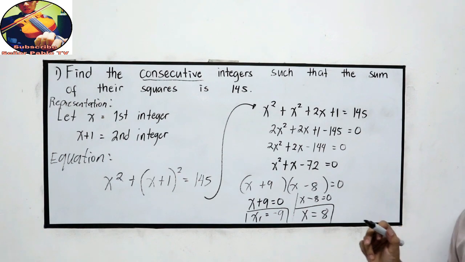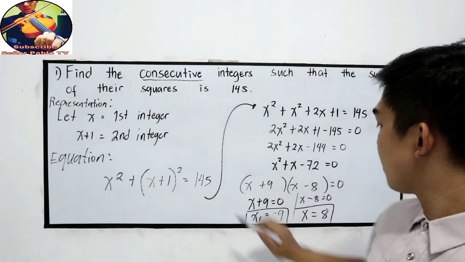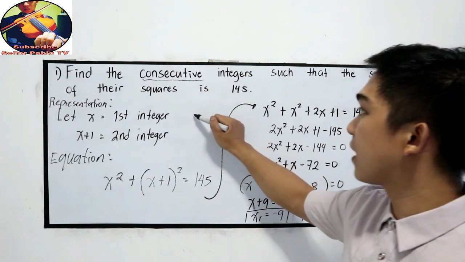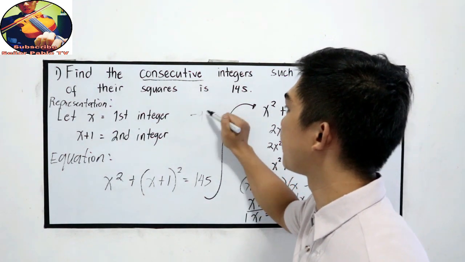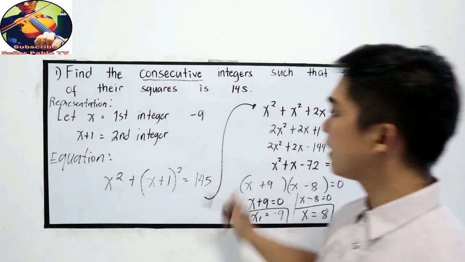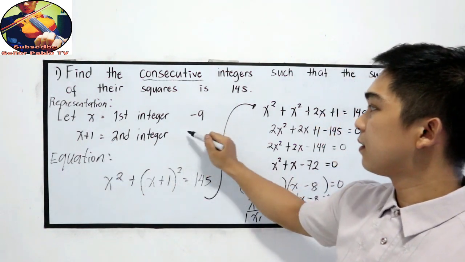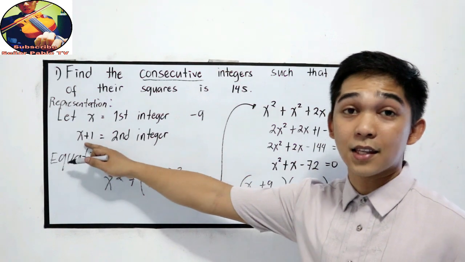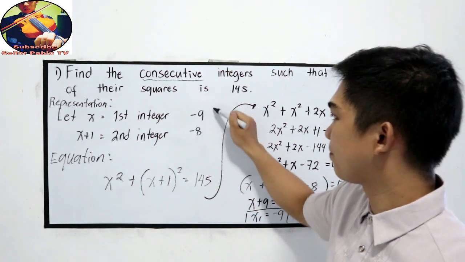Ano daw yung mga integers natin? Integers can be negative or positive. So yung first natin, kapag negative 9 yung ginamit natin, so that is negative 9. Now, we have negative 9 plus 1, substitute lang natin, negative 8.